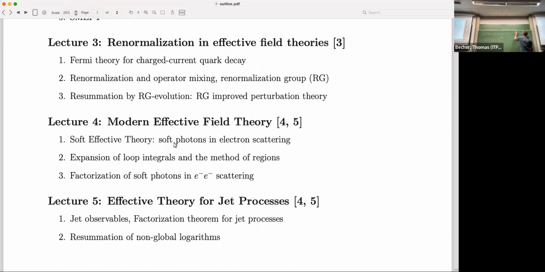S is the integral d4x of the Lagrangian. And so this is for a fixed one, and then you just have to sum over all configurations.